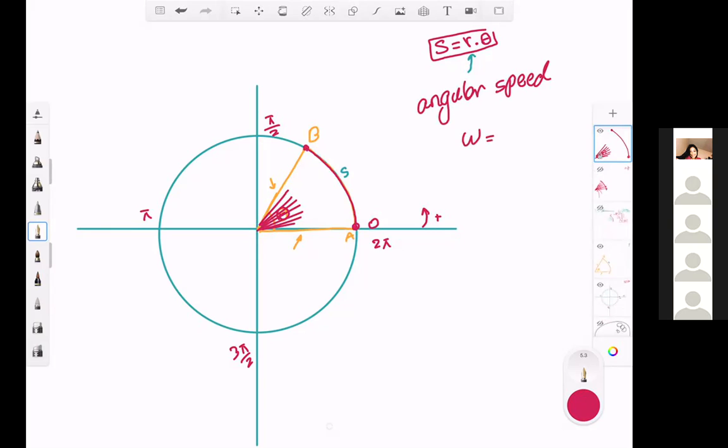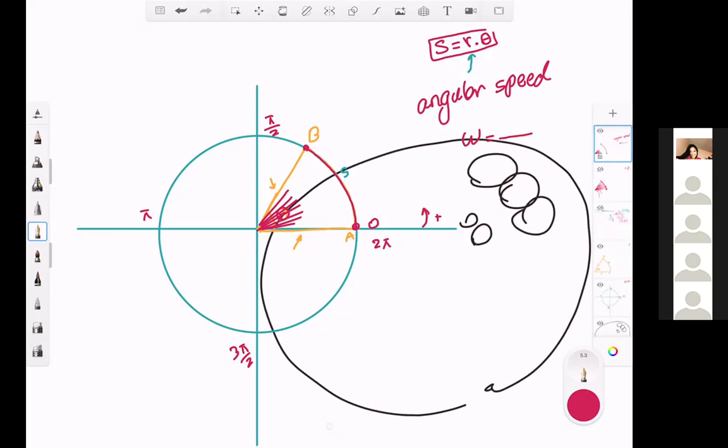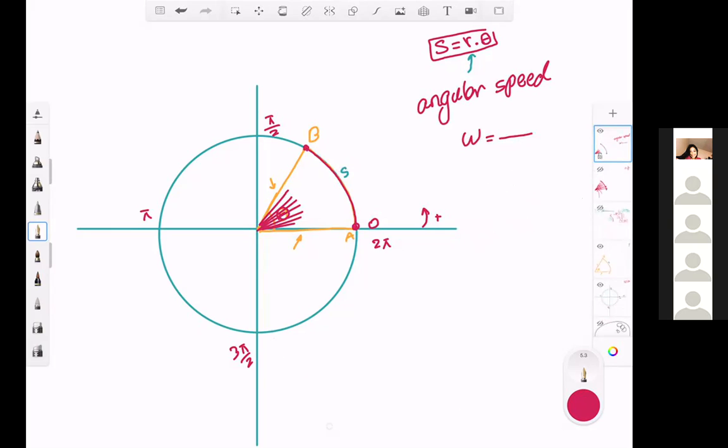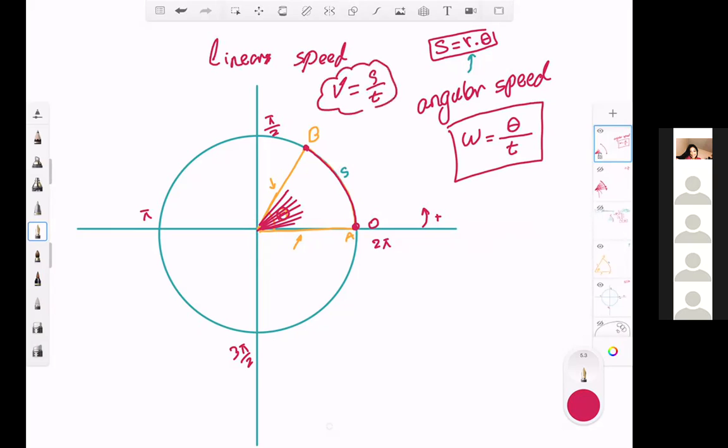Omega will be, because we are dealing with speed, again the distance of theta, so it will be theta over time. And linear speed V equals S over T. Any question for these two formulas? Does this make sense? Can you guys visualize it?